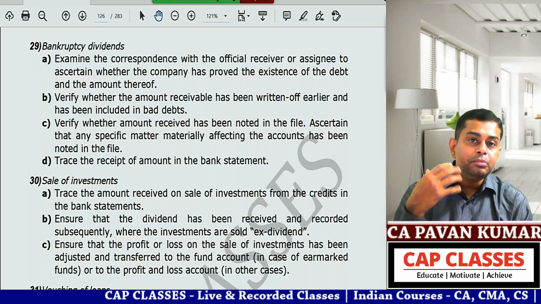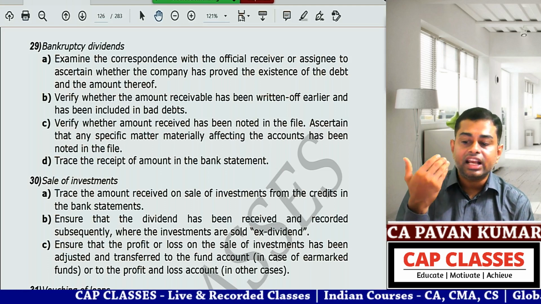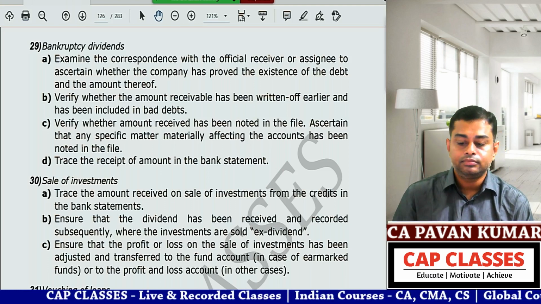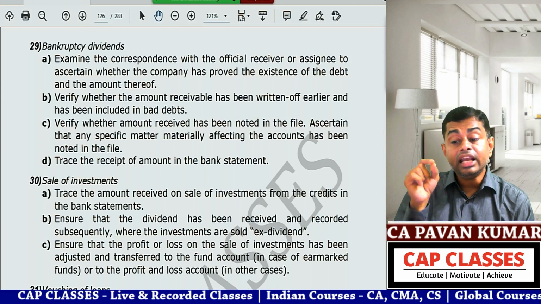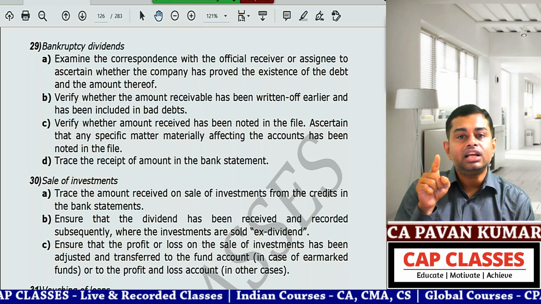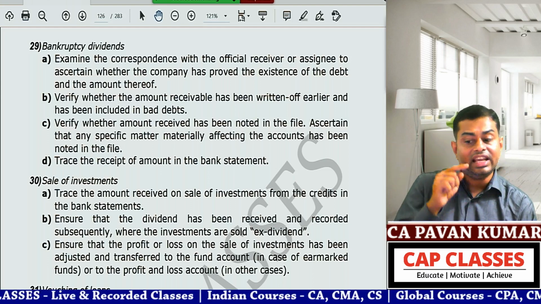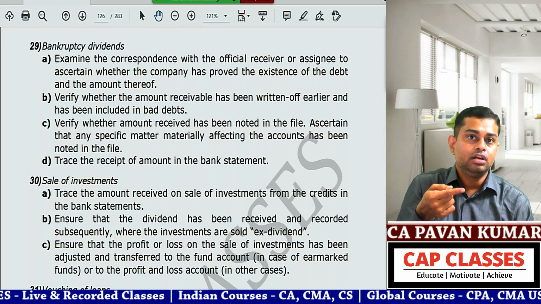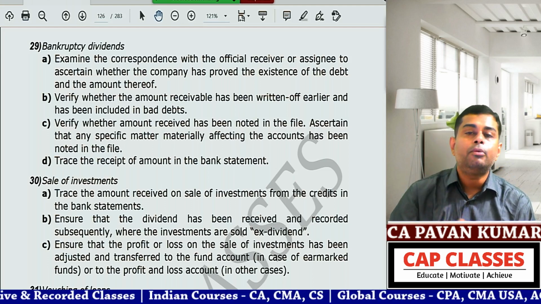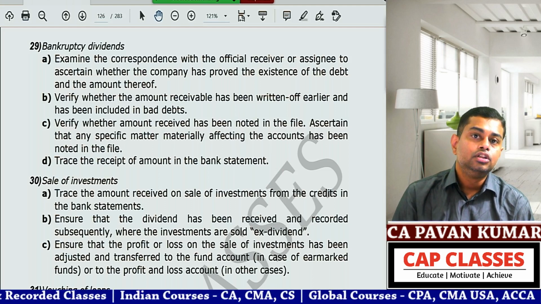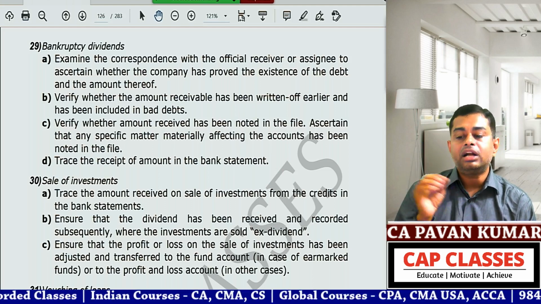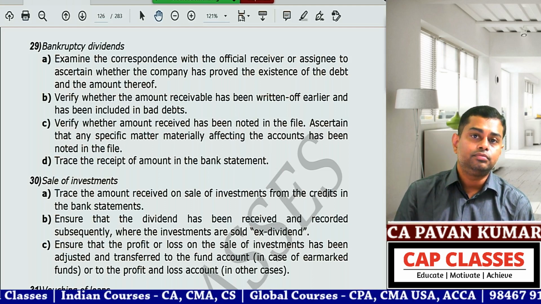So his business will be liquidated, or assets and liabilities will be taken by a liquidator or official receiver, no? Then in proportion, the liquidator or official receiver will clear all the debts. In that your name also will come. But you might not have received the full amount because he is bankrupt. So he has to pay 1 lakh rupees to you, but the official receiver wrote a letter to you.